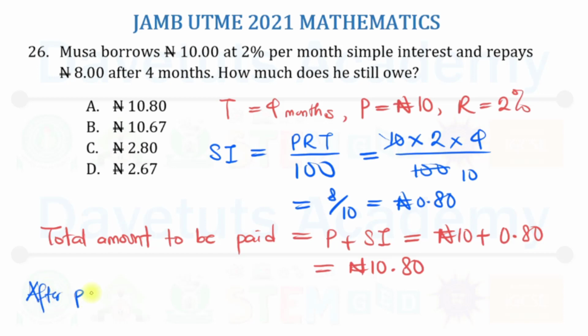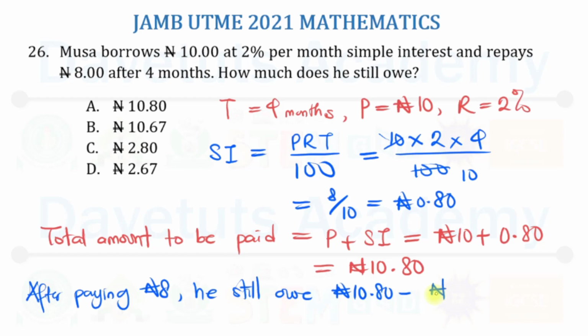After paying 8 naira, he still owes 10 naira 80 kobo minus 8 naira, and that is equal to 2 naira 80 kobo. Okay, so if you look at the options, option C is showing that it is 2 naira 80 kobo that is still owed.